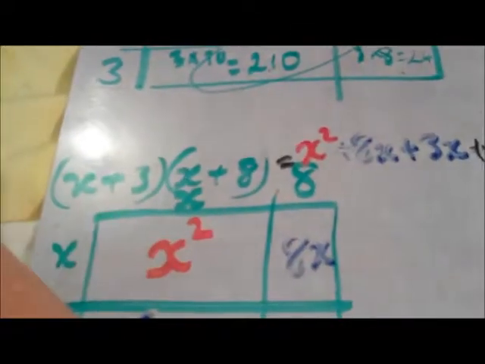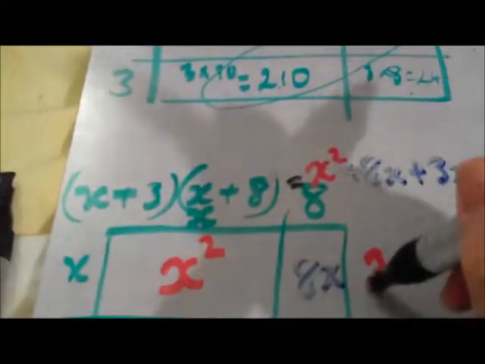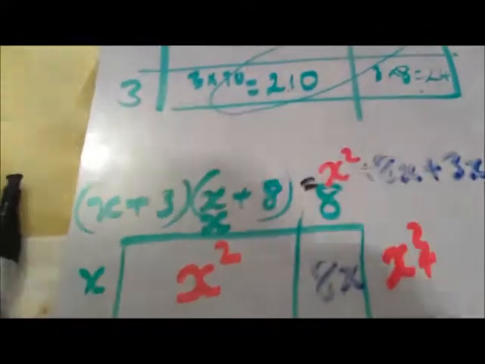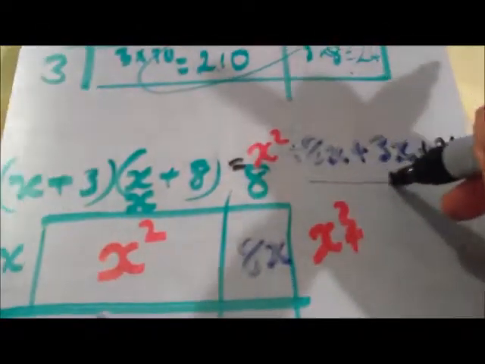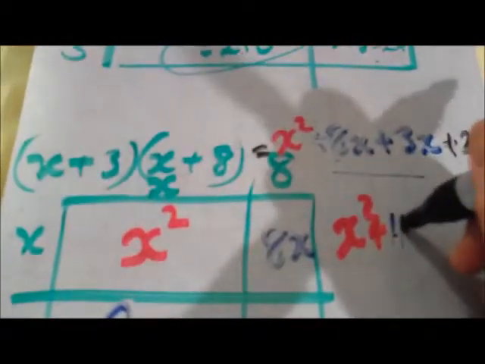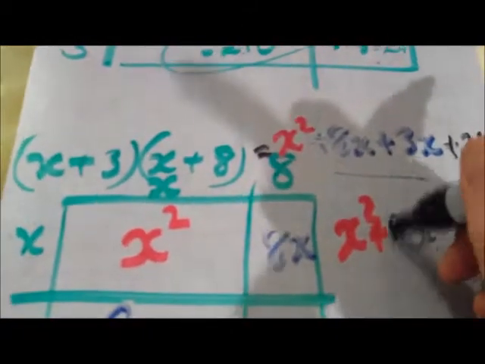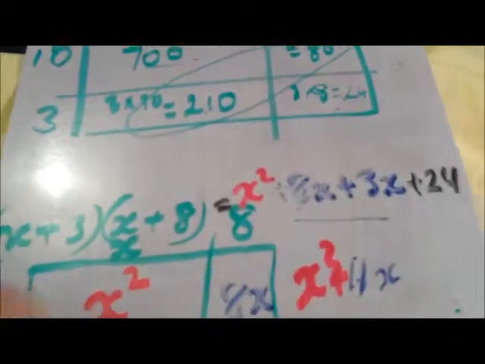So my actual answer is x squared plus 11x. 8 and 3 is 11. So 8 lots of x plus 3 lots of x is 11x. Plus 24.